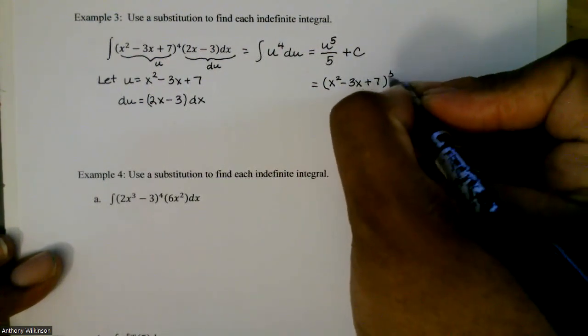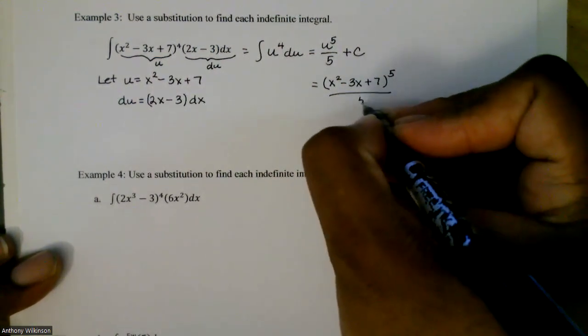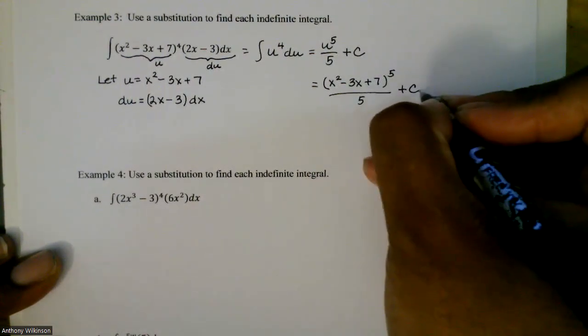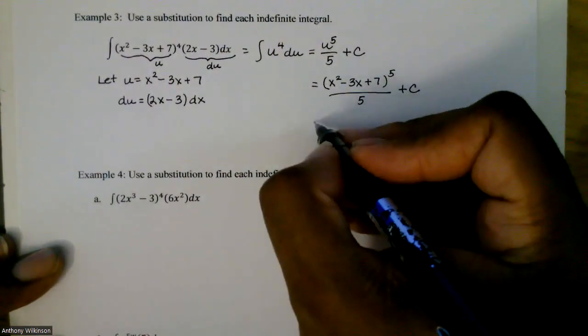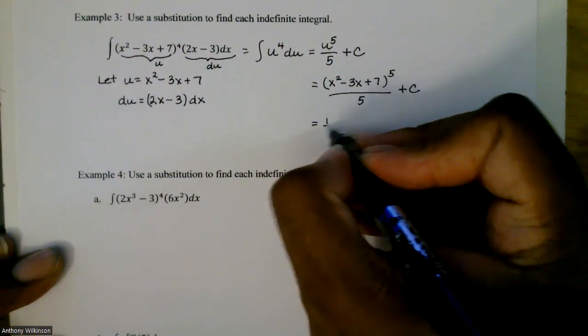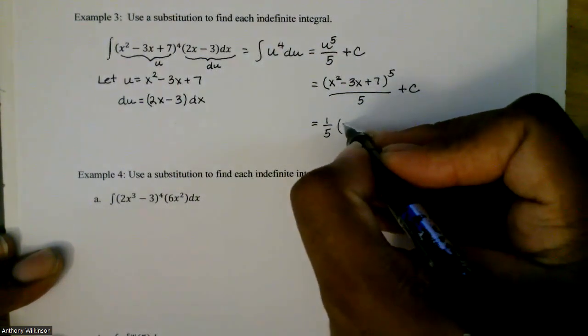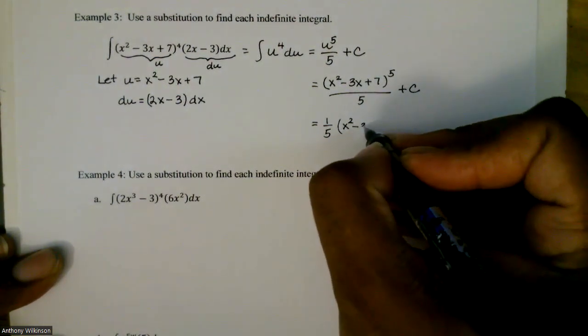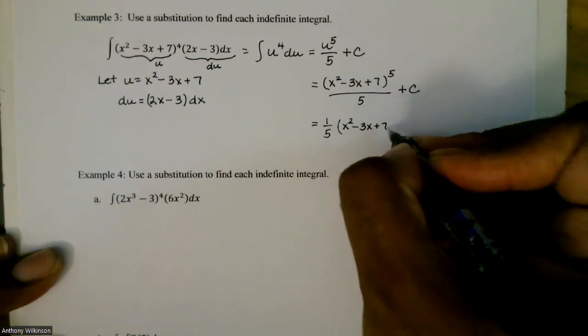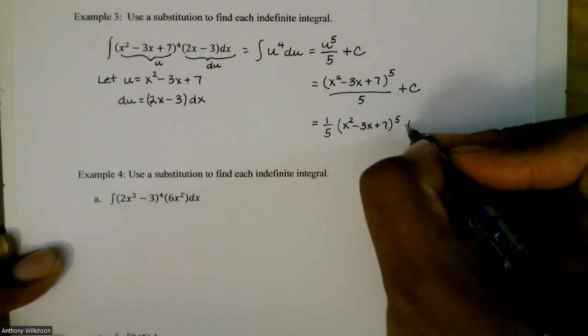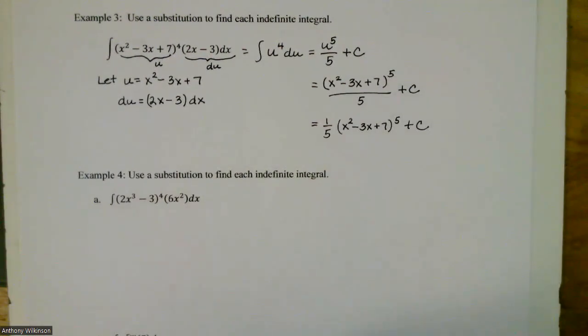And that's going to be raised to the 5th divided by 5, and then plus c. Now we could write this as 1/5 times the quantity x squared minus 3x plus 7 raised to the 5th plus c.